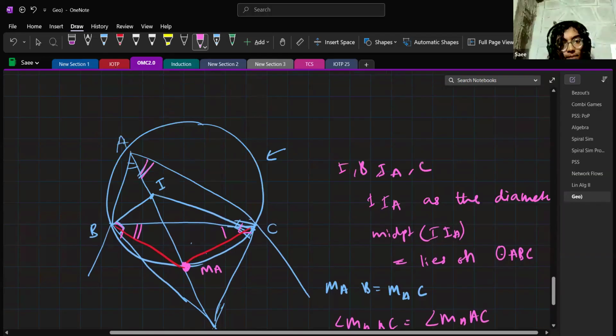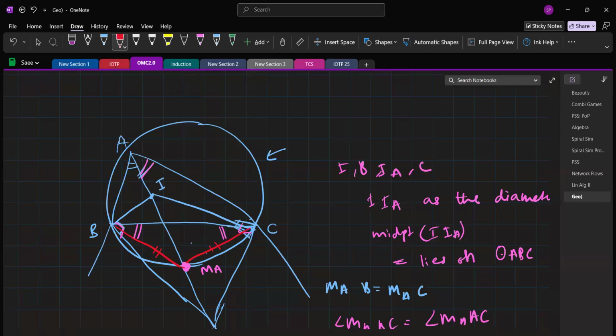That's a good step. Now we can prove that MABI is equal to MABC plus CBI, which is equal to MAAC plus CBI.